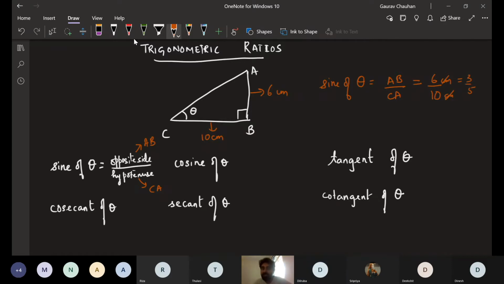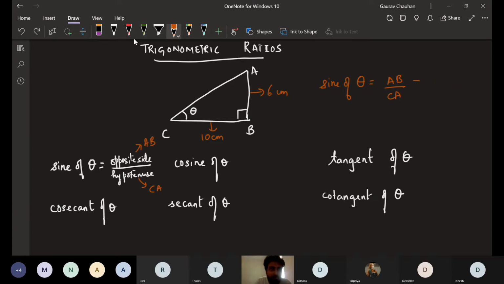So sine of theta, if I know the length, if I know BC and AB, oh sorry, I took the wrong one. Sorry, guys. I should have taken CA, no? If this is 10, my bad. CA is 10 centimeter. So this is what will happen. Let me go over it again.